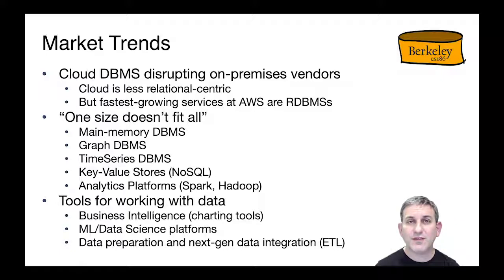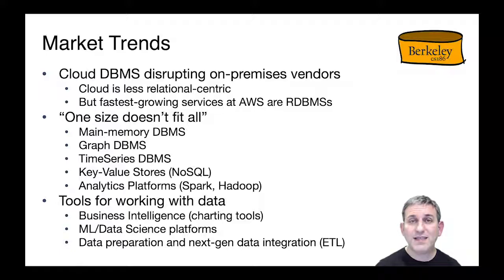If you look at the mix of deployments and usage of, say, NoSQL storage versus relational storage, there's more NoSQL storage proportionally in the cloud than on-premises. Still in all, the fastest growing services at the leading public cloud, AWS, are relational database management systems. Not just the fastest growing database services, the fastest growing services. So database systems are the fastest growing usage of anything in the cloud right now, and relational databases are the ones that are leading.